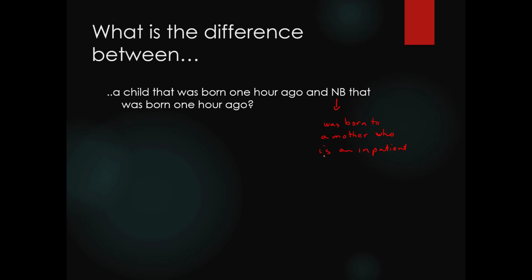I guess this could be is or was, because sometimes a mother may be sent home and the newborn kept, keeping track of the newborn. So that's an important distinction, and you'll see that it comes up again and again.